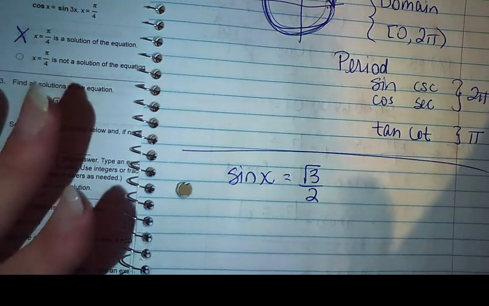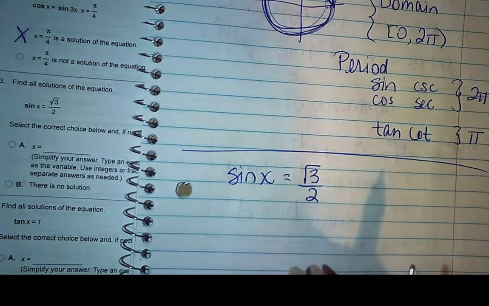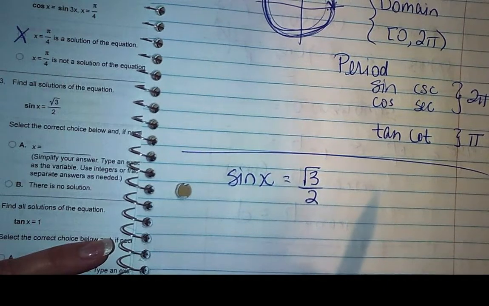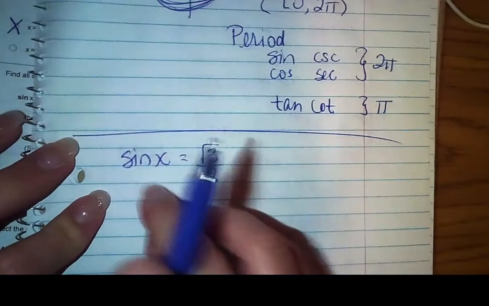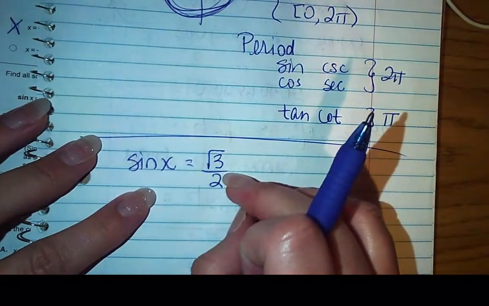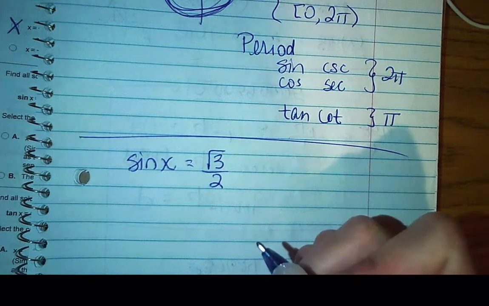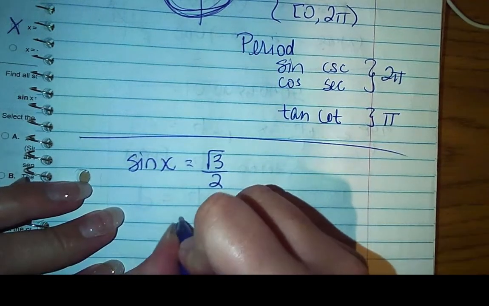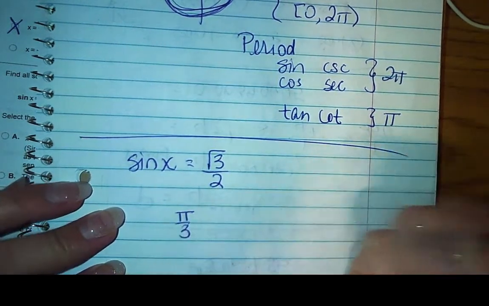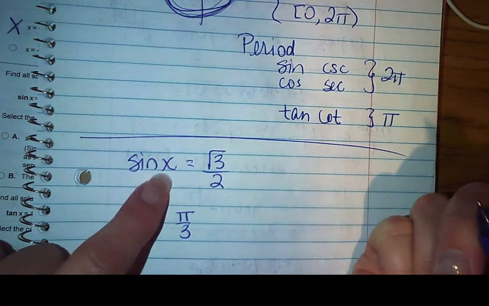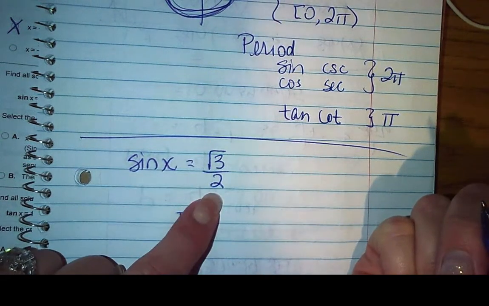The first thing I want to do is restrict myself to one lap of the unit circle. Where does sine equal a positive root 3 over 2? The first place that happens is at pi over 3. What's the sine of pi over 3? It's root 3 over 2.